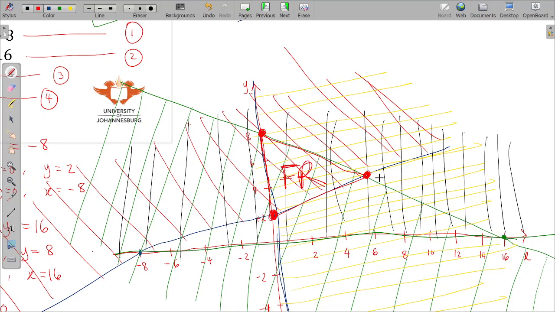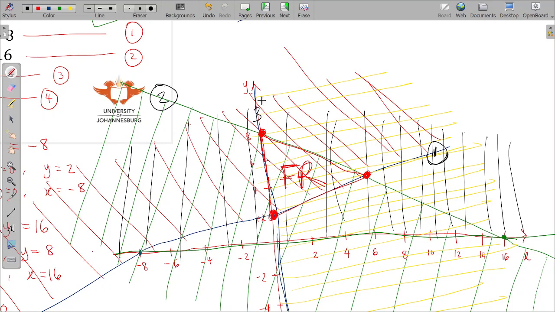In this green one, this other line, let me label the line. This is line 1. We shaded this side. This is line 2. We shaded down like this.